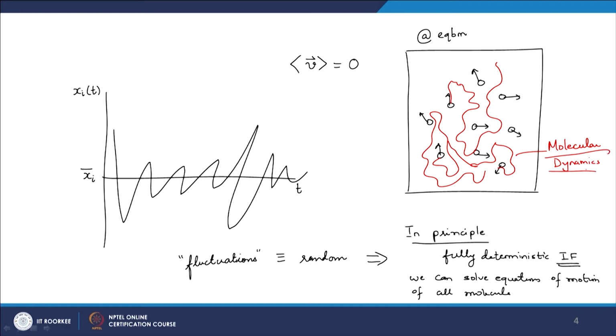The only limitation is it is for a very small system, let us say a simulation box of the order of 10 nanometer by 10 nanometer by 10 nanometer. For larger systems we will have millions of molecules, and it is very difficult to keep track of trajectories of all the molecules.